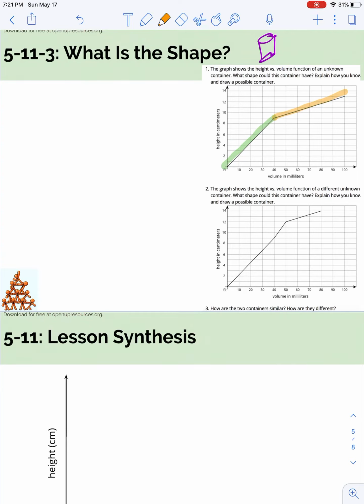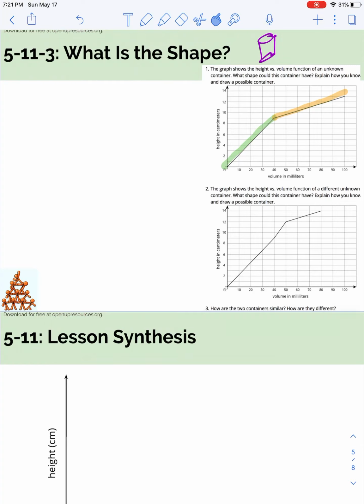And as the volume increases, the height of the water obviously increases because they're directly proportional to each other. So they want you to draw what it would look like. The fact that it has two distinct parts means that it's two different containers, right? Because how could you all of a sudden have a different relationship between volume and height if it wasn't a different container, if that makes sense.